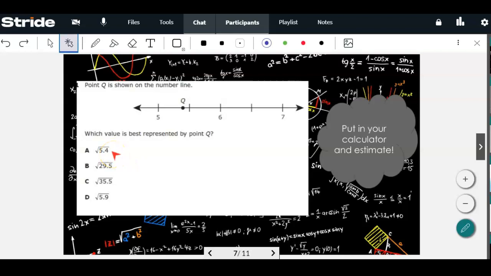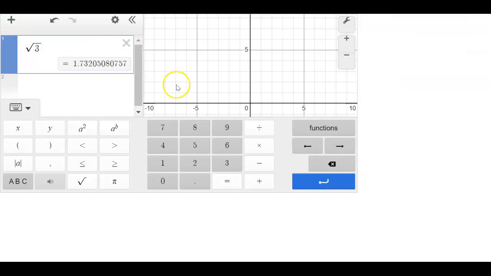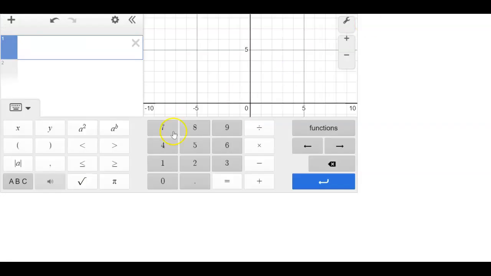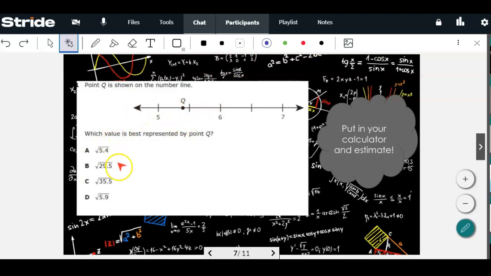Square root of 5.4? Well, if you need to, let's just put all those into the calculator. So it has to be between 5 and 6. So it's going to be 5 point something. So let's look at the square root of 5. Definitely, that's too low. So that would be 2 something. Square root of 29.5.